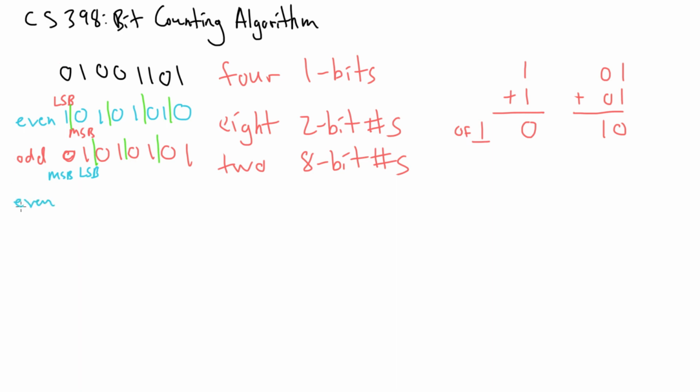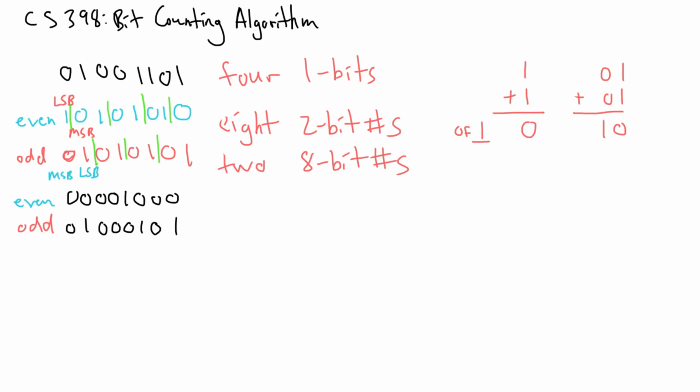Here's where the even one will go, and here's where the odd one will go. The result of the even one is 0, 0, 0, 0, 1, 0, 0, 0. The one with the odd mask will be 0, 1, 0, 0, 0, 1, 0, 1. Notice how we still have 4 1-bits, which is what we want to end up with in the final answer.